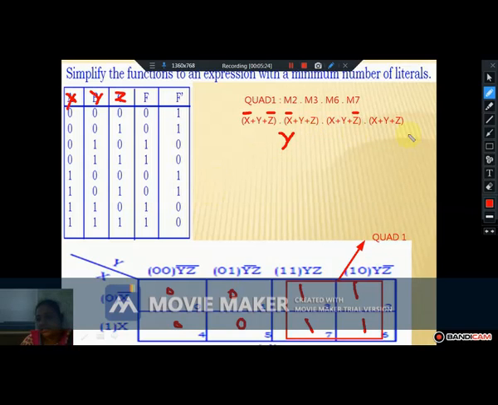So the simplified expression of f of, as we know that there are only three variables, x comma y comma z, is y. So this is the simplified expression.